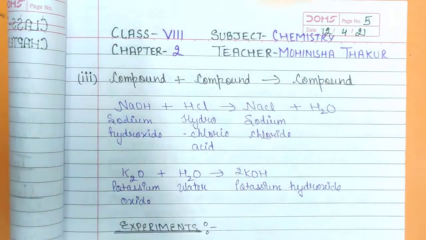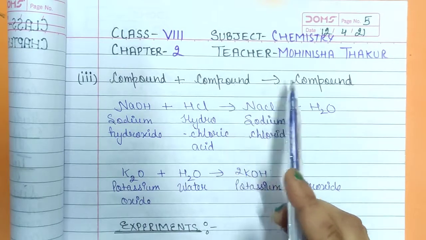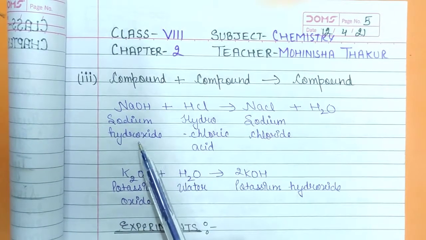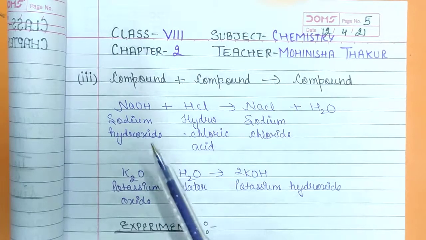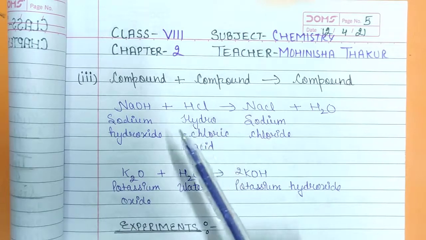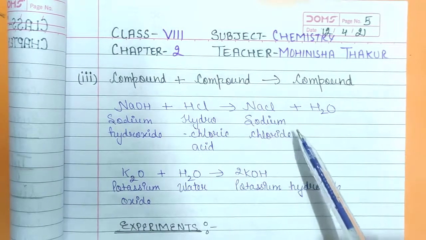Now the third part is compound plus compound gives compound. So students, whenever two compounds react with each other, they will form a compound. For example, when sodium hydroxide, which is also a compound, reacts with HCl, which is also a compound, they will form two compounds, which are sodium chloride and water.